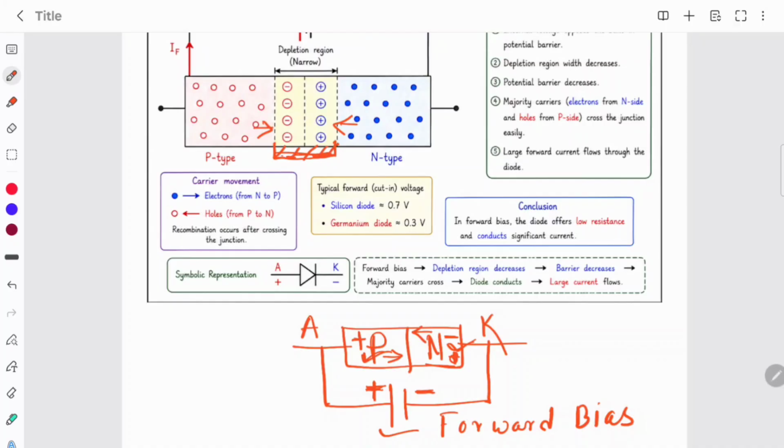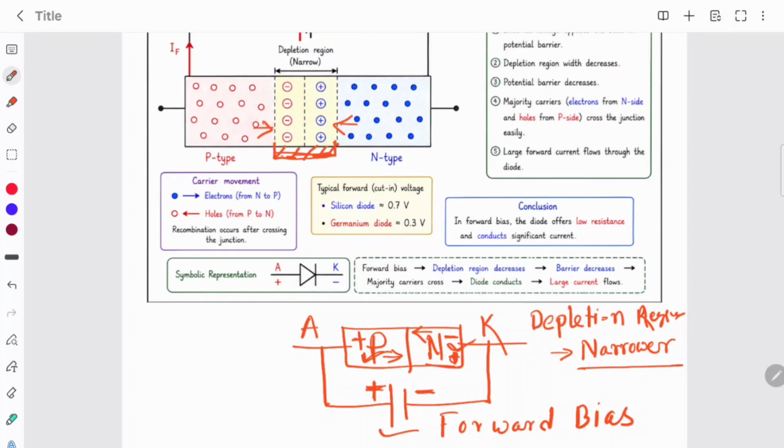Therefore the effect of the potential barrier decreases, and the depletion region becomes narrower.